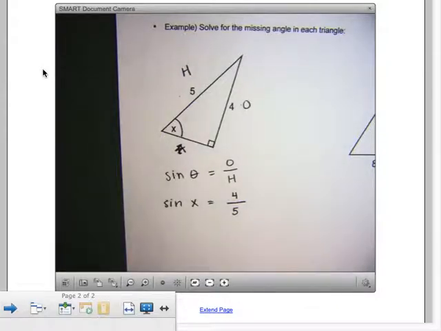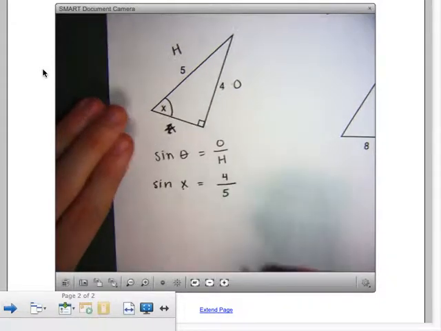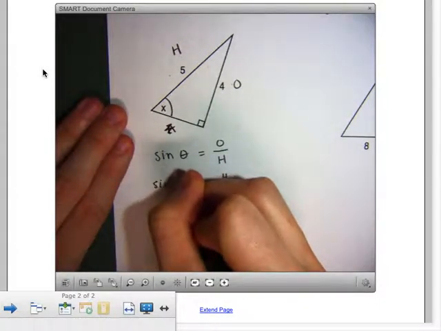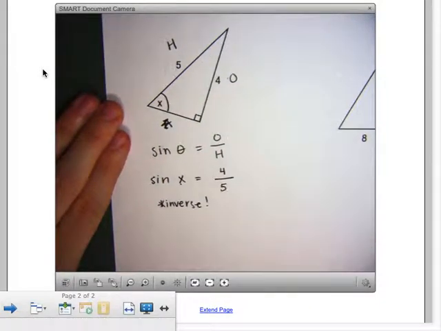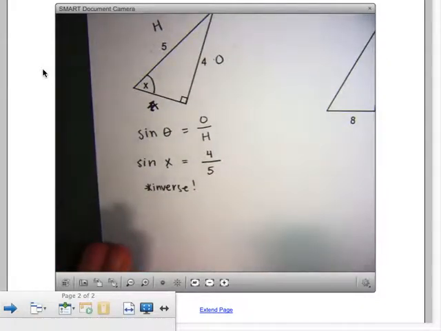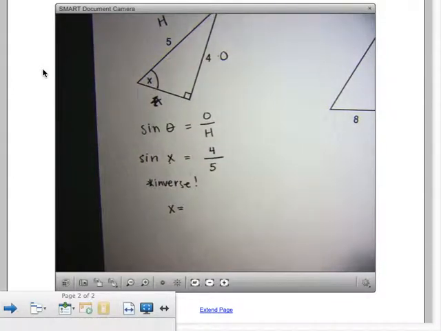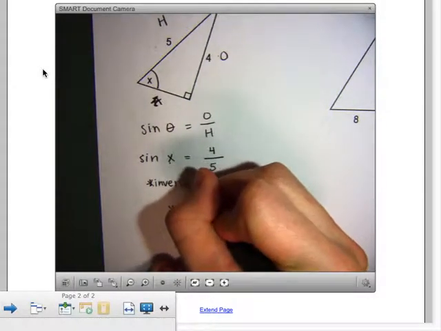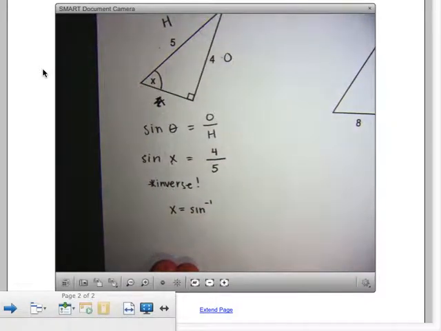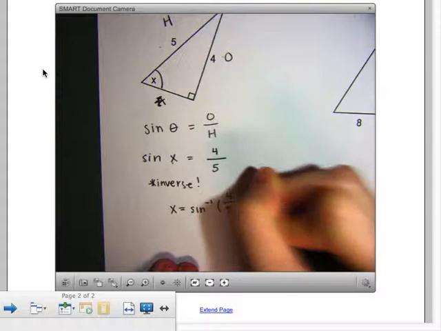Okay, the difference here. Remember, we are solving for an angle, so that means we are using the inverse. Anytime you're solving for an angle, you're always using inverse. So to set this up, I'm going to leave the X on the left-hand side, but I'm going to move sine to the right. If I move sine, I need to put the -1 with it. And then I'm going to keep the 4 over 5.